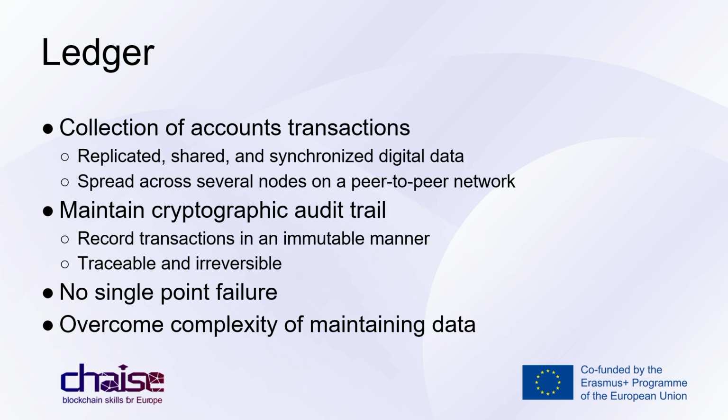A ledger maintains a history of all the transactions performed and overcomes single point of failure like traditional relational databases, which are dependent systems on centralized services or servers. Moreover, a ledger overcomes the complexity of maintaining data.